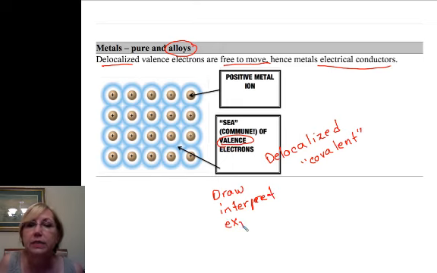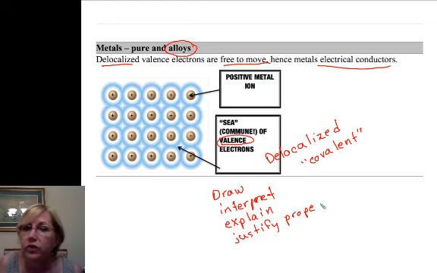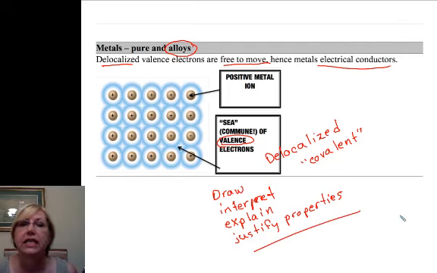You need to explain what it means, and then you have to use it to justify properties. So those are all very higher order thinking skills that we're going to have to invoke for this. And so you have to understand this sea of electron model pretty deeply.